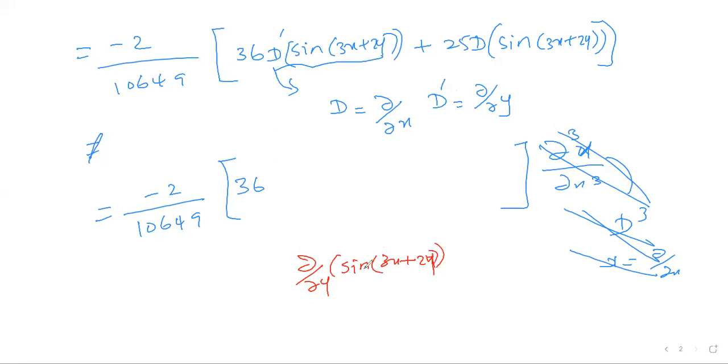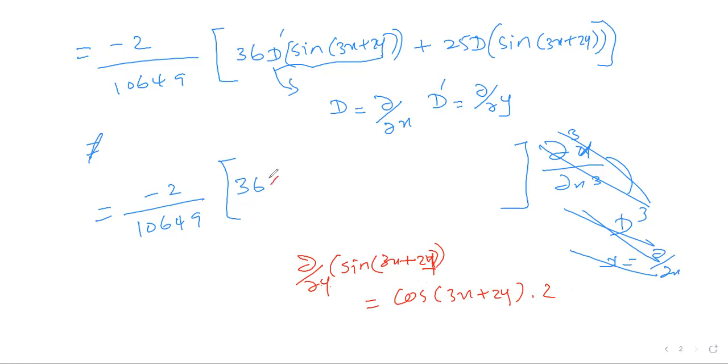So if you differentiate this part with respect to y, with x as a constant, what will you get? Sine differentiated will be cos of 3x plus 2y times, since we are differentiating with respect to y, the y term's coefficient, so times 2. Did you get that?